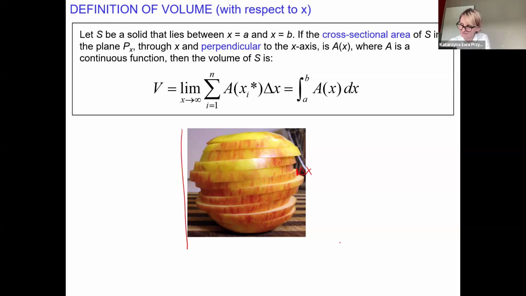And actually, this is also interesting. Let me put x and y. And how can we set up the integral that will represent the volume?